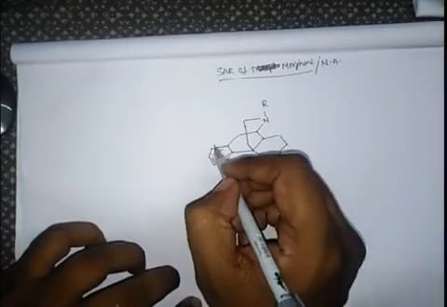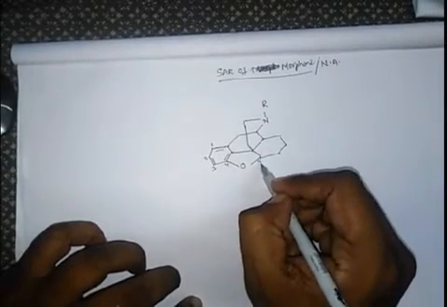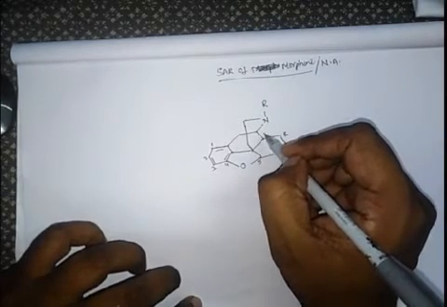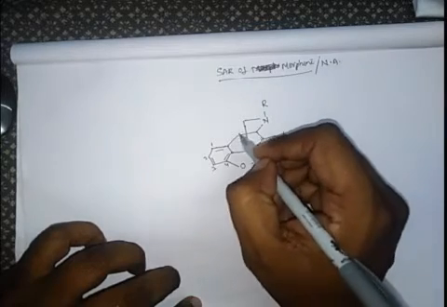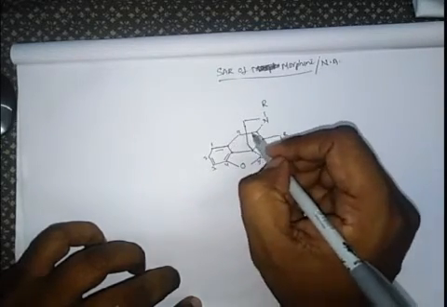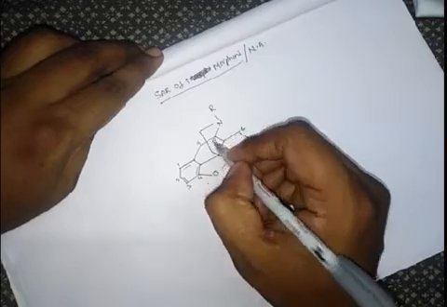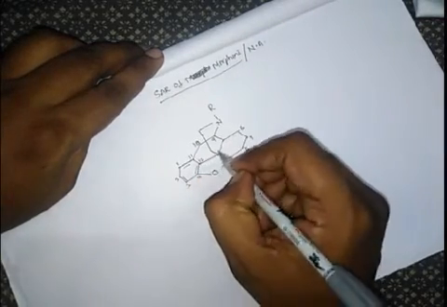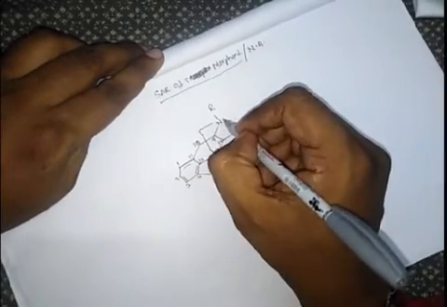We have to start numbering from 1, 2, 3, 4, 5, 6, 7, 8, then here we will get the 9th position, then 10, 11, 12, 13, 14, 15, 16, 17.